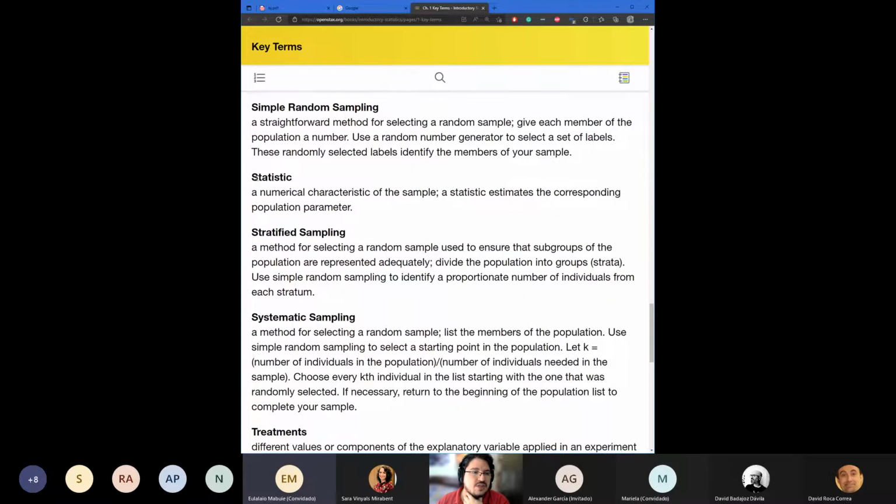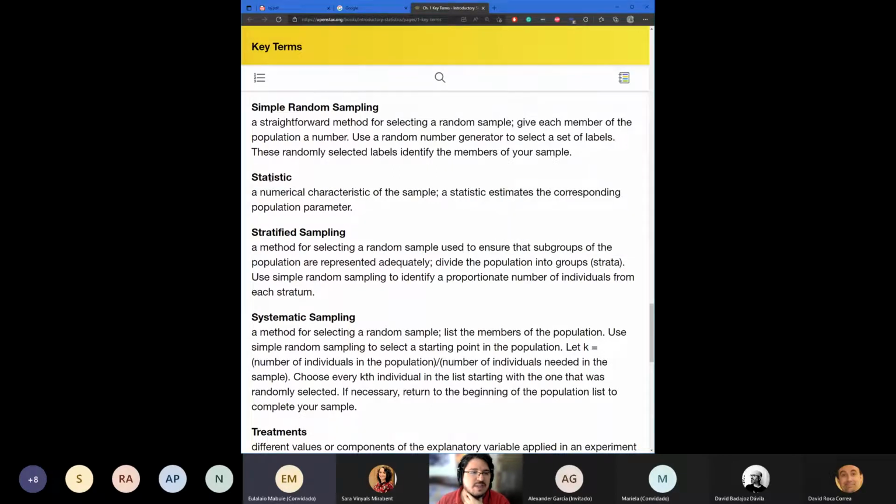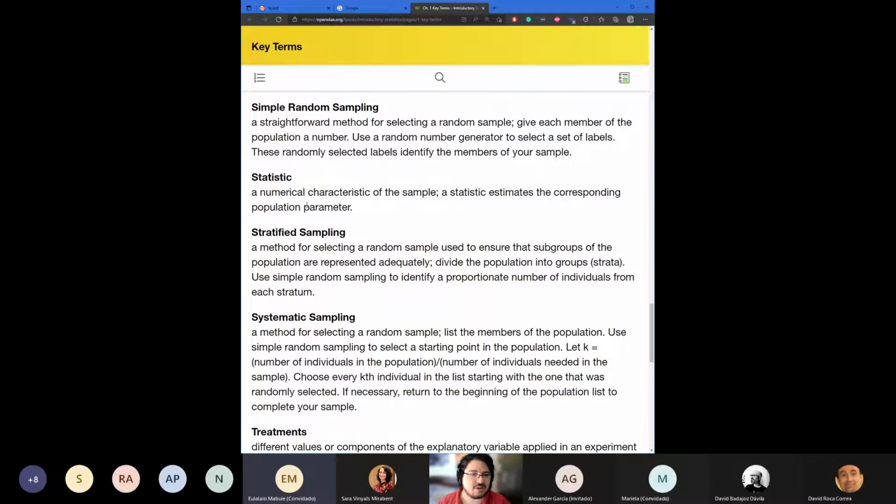Now, this concept sometimes is difficult to get, I believe. But we are doing statistics, and in statistics there are things that are called statistics. One statistic, singular, is a numerical characteristic of a sample. If we were to compute the mean of a sample, that mean would be a statistic.